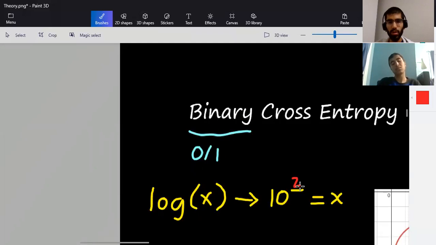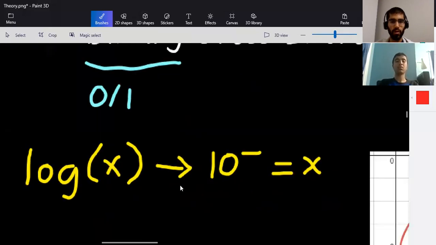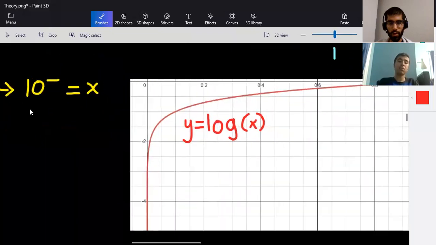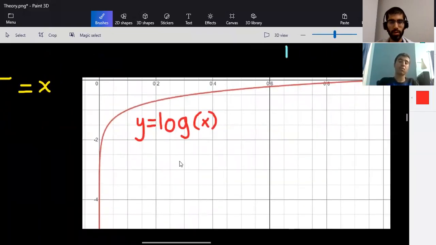It returns the exponent to which you're raising 10 so that you can get this input x. Another example, let's say you're doing log of 1,000, then it's asking 10 to what power equals 1,000. So it would be 10 to the third power is equal to 1,000, so log of 1,000 would return 3. Making sense?